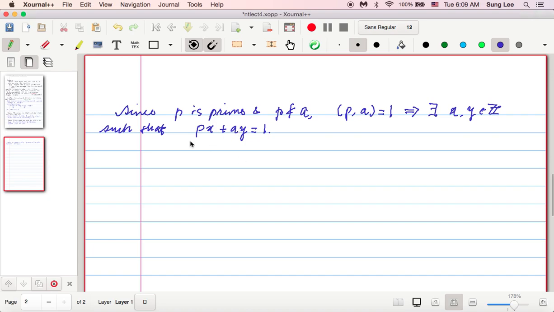In order to use that P divides A times B, what I'm going to do is multiply this equation by B. So we obtain PBX plus ABY equals B. You see that P obviously divides P times B, P divides AB, so P must divide B.